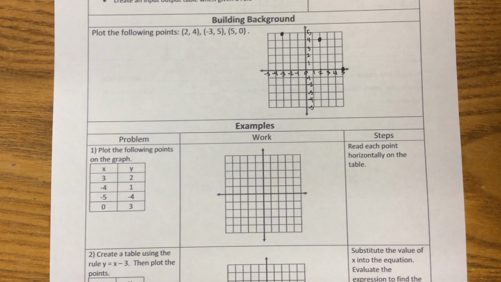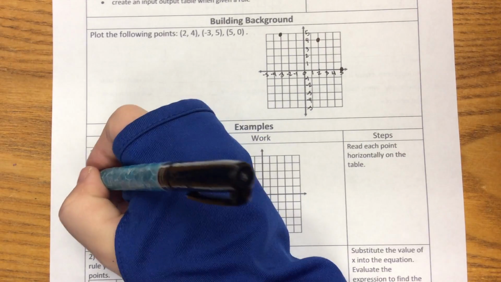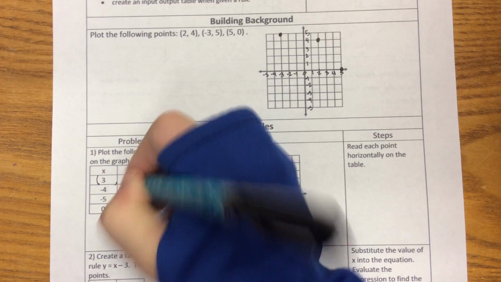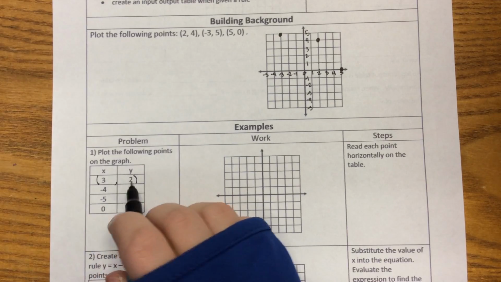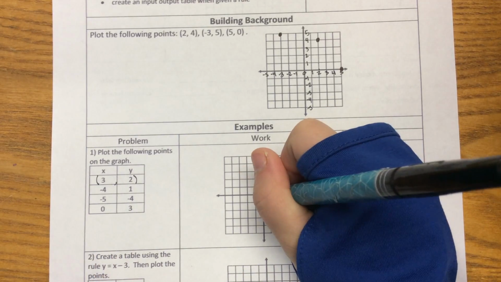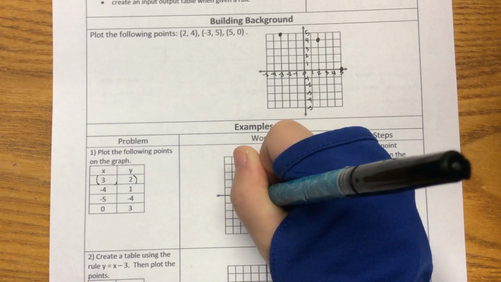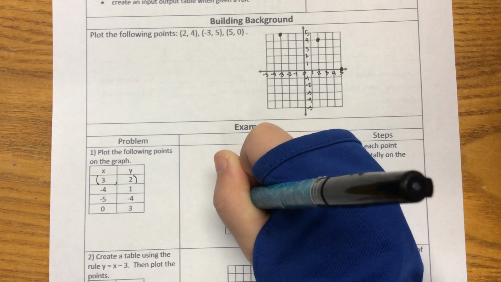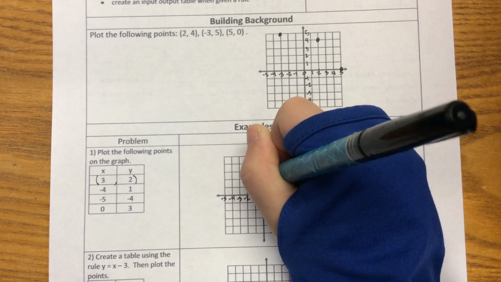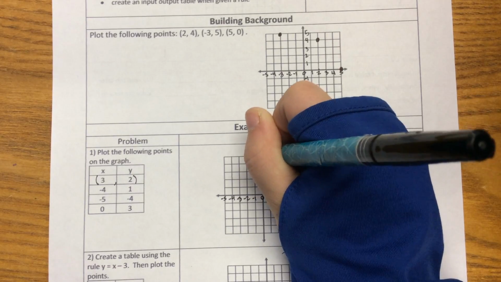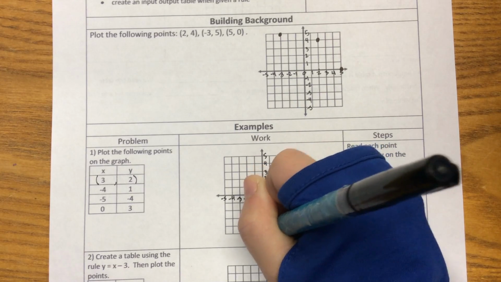Okay. So plot the following points on the graph. So we're going to read each point horizontally on the table. So this is really like 3, 2, because that's my X and my Y, and these two go together. So 3, 2. So I'm going to label this first. 0, 1, 2, 3, 4, 5, -1, -2, -3, -4, -5, and the same going up and down.